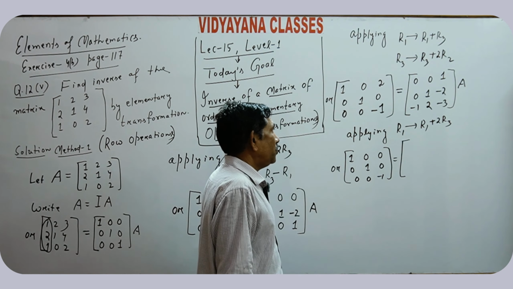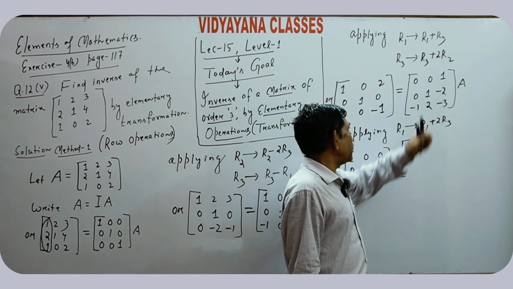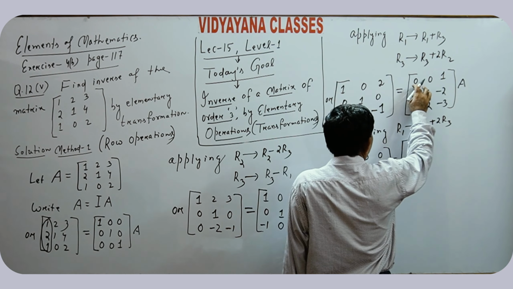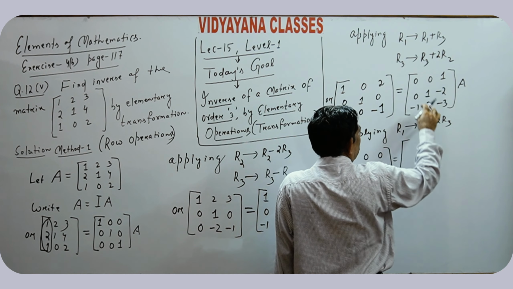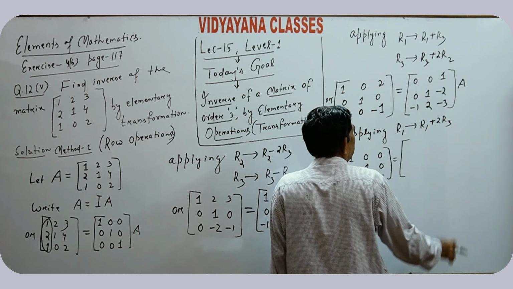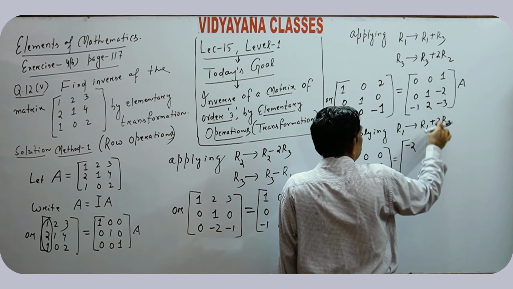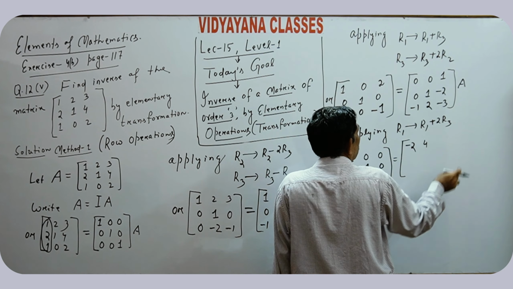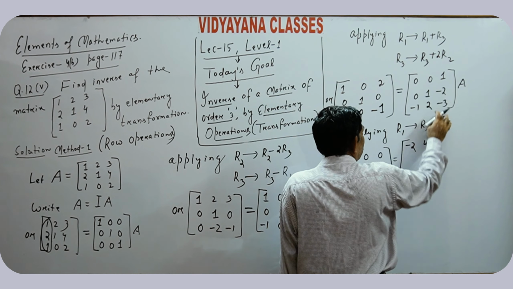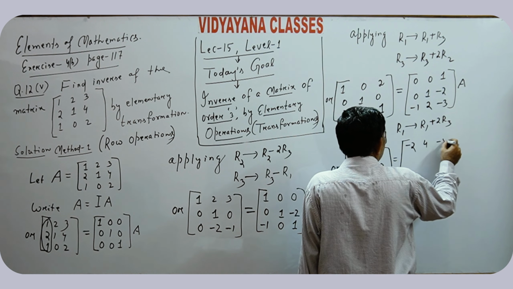Simultaneously, we will apply this operation on this matrix. Row 1 is replaced by row 1: 0 plus 2 times row 3, that is equal to minus 2. 0 plus 2 times 2, that is equal to 4. 1 plus 2 times minus 3, that is equal to minus 5.